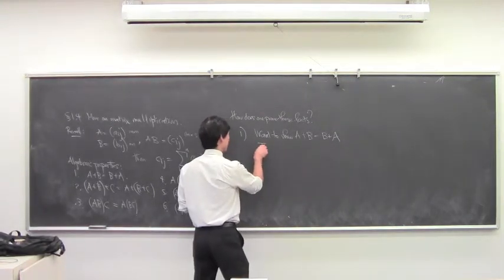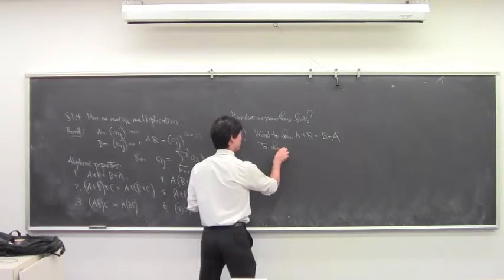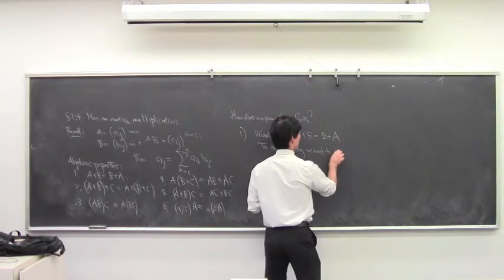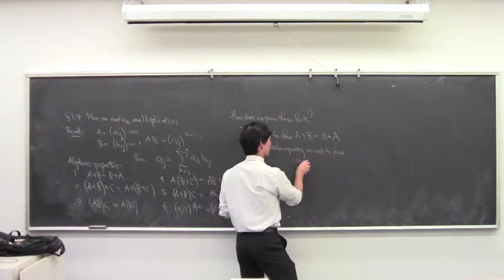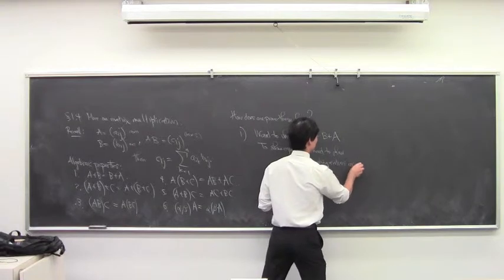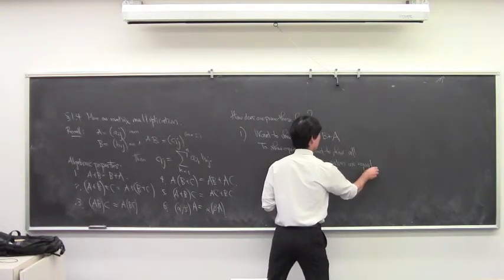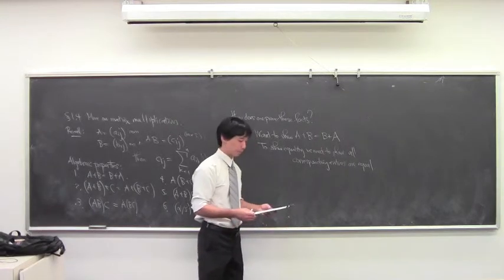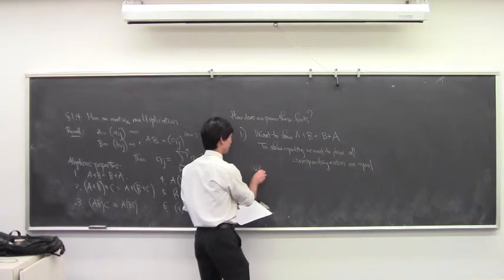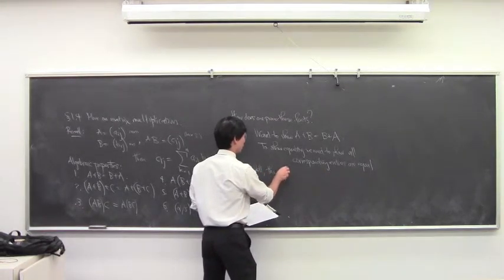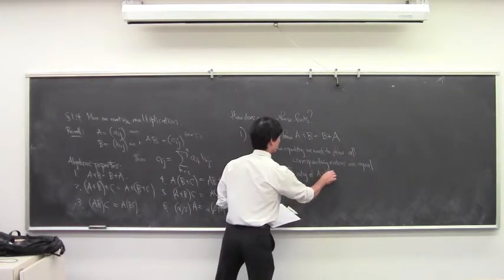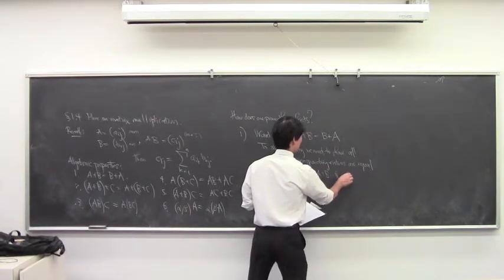So to show equality, we need to show that all corresponding entries are equal. Well, the ijth entry of A plus B is Aij plus Bij.